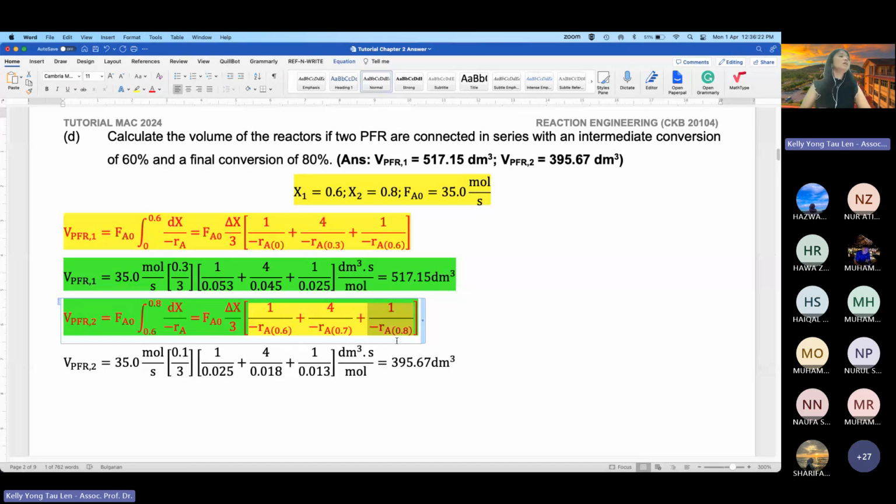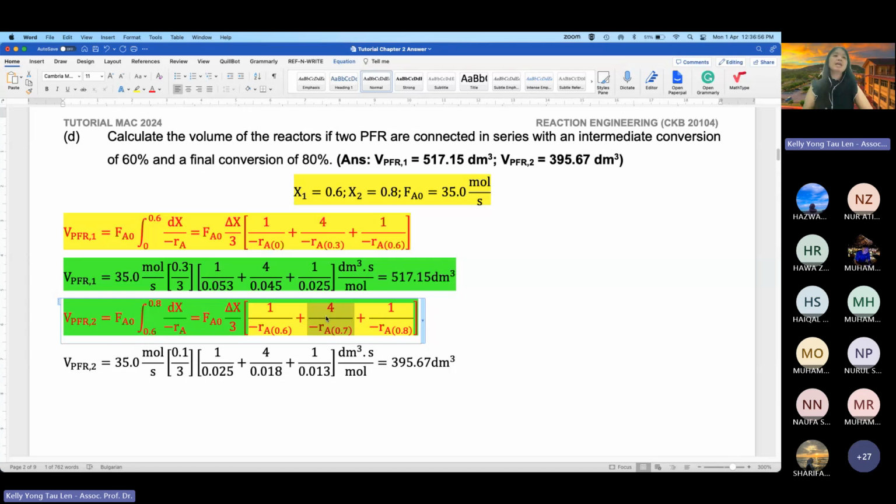Okay, then only you look at the middle point. So you have to know the middle one. So the middle one again is 4 per minus RA at my middle x. So your initial x was 0.6, your final x is 0.8, your middle x will be 0.7, right? So you have to know by yourself. So you become 4 per minus RA when my x is 0.7.